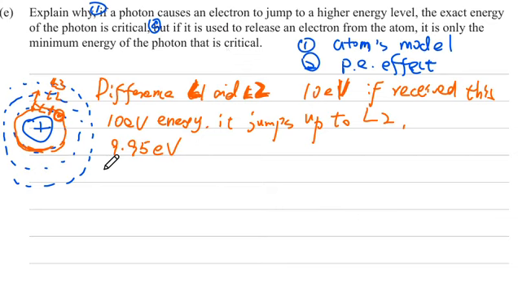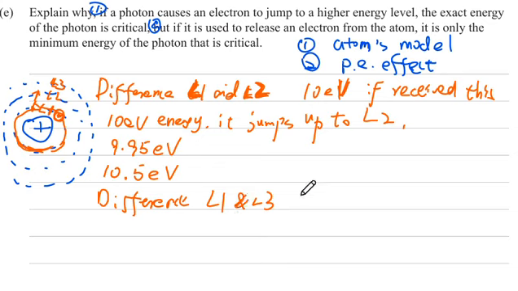How about I give it 10.5 eV? Let's say that the difference between level 1 and level 3 is actually 11 eV. This is level 1 and this is level 3.